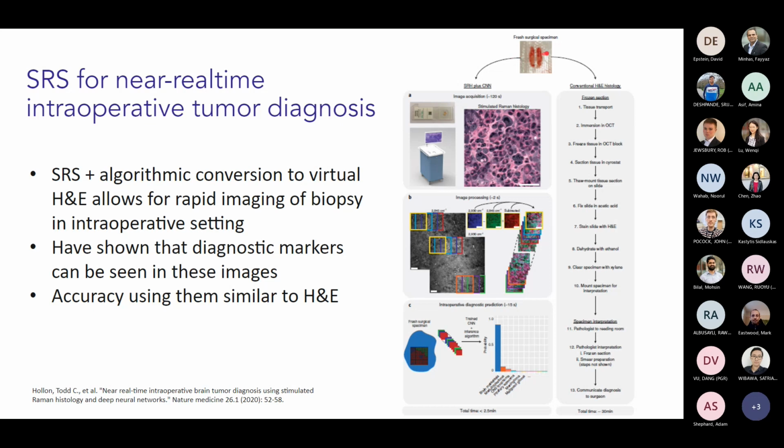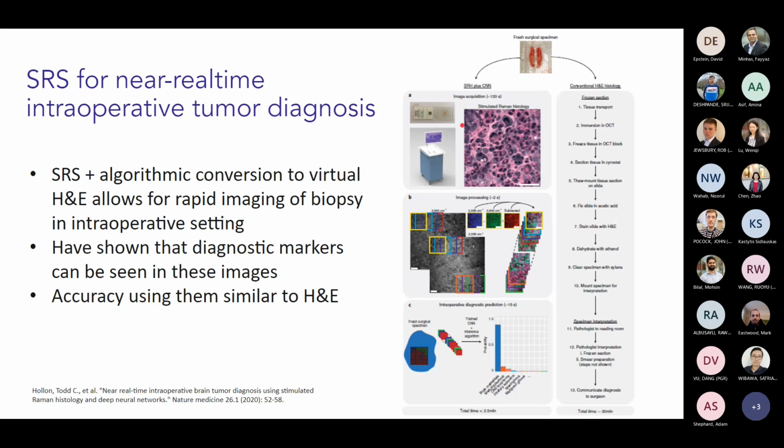So basically, if you have your surgical specimen, the conventional way of dealing with it is going through all of this processing of freezing it, mounting it, staining it, and then looking at this frozen section to figure out your diagnosis to continue on with your surgery.